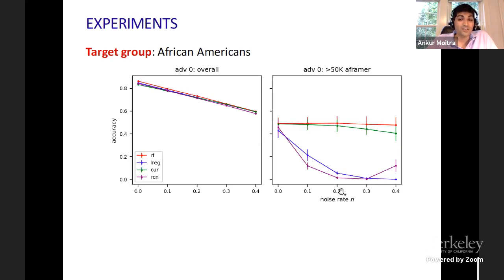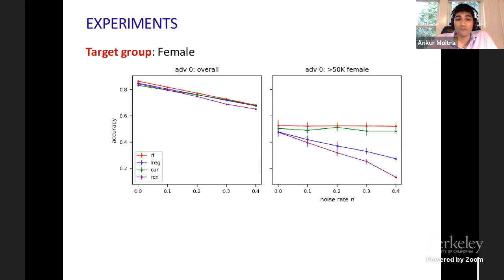So in fact, when you add 20% noise to the entire population outside of this target group, a bunch of these off-the-shelf things like logistic regression predict that almost no African Americans from the group have income above 50K. This is pretty horrible. In fact, it's horrible across a bunch of different demographic groups. When you do it with female, same thing happens.